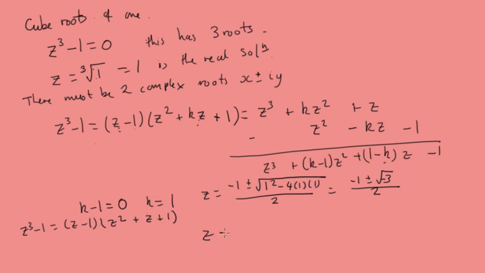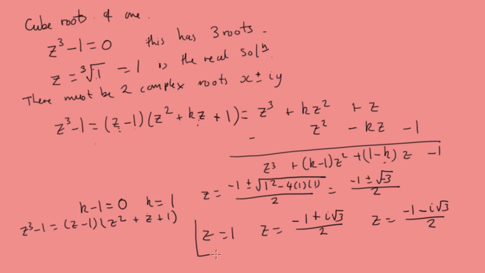So we have z equals 1 is a root, and we have z equals minus 1 plus i root 3 over 2, and we have z equals minus 1 minus i root 3 over 2.